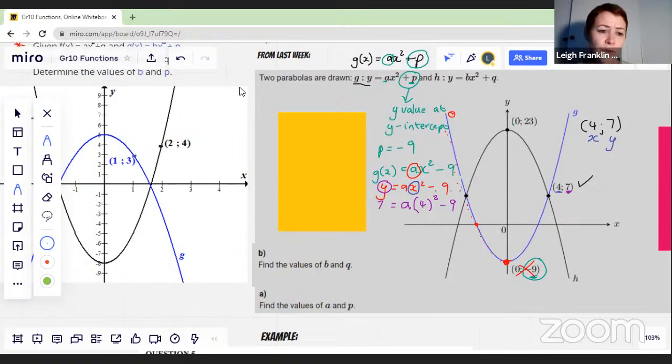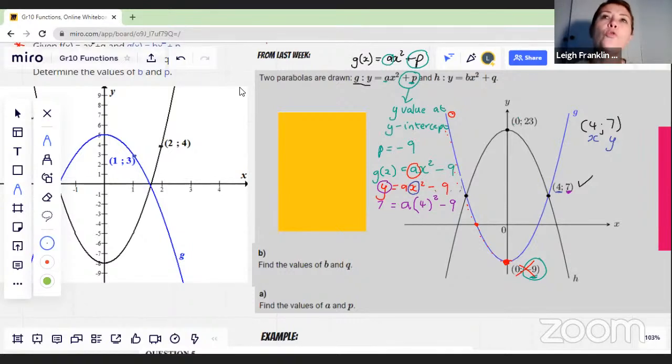Do you know how to rewrite that? Ma'am, I'm not sure. Are we supposed to bring the a to the other side? You can if you want to, Ria, but you don't have to do that straight away. The most important thing for you to do is to know what you need to multiply the a with. Do you know what you need to multiply the a with? With the 4 and the 2.